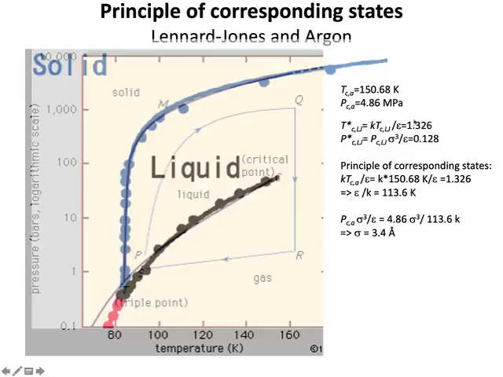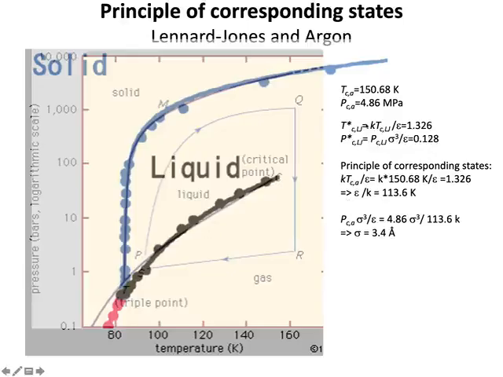And here are the values for the reduced critical temperature of Lennard-Jones is 1.32, and the reduced pressure is 0.28.